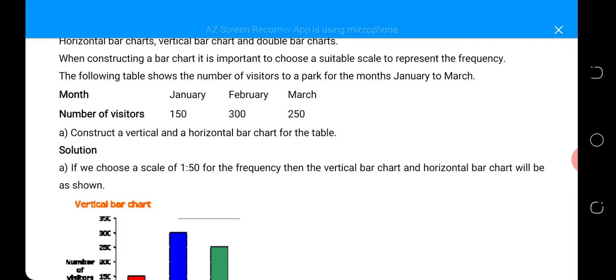So we need to choose a scale so that the length of the bars drawn will be proportional to the number of visitors. So the scale chosen is 1:50. This means that 1 centimeter in our note represents 50 visitors.